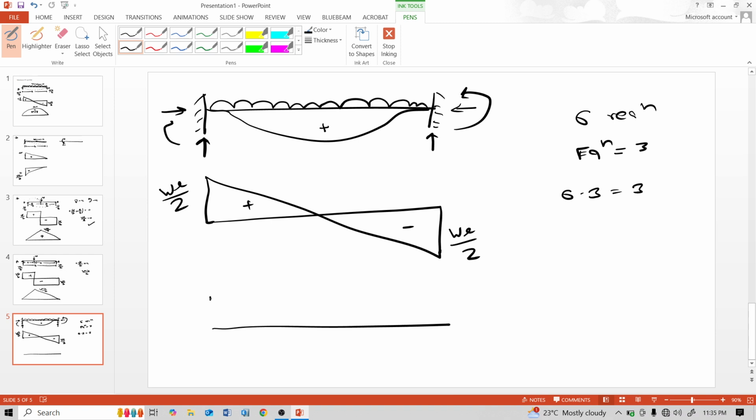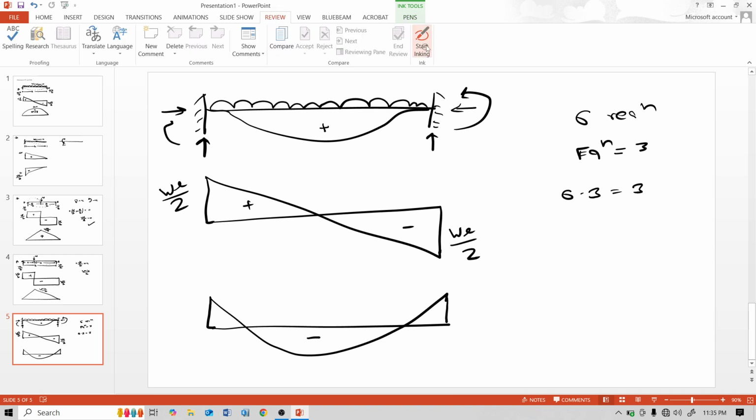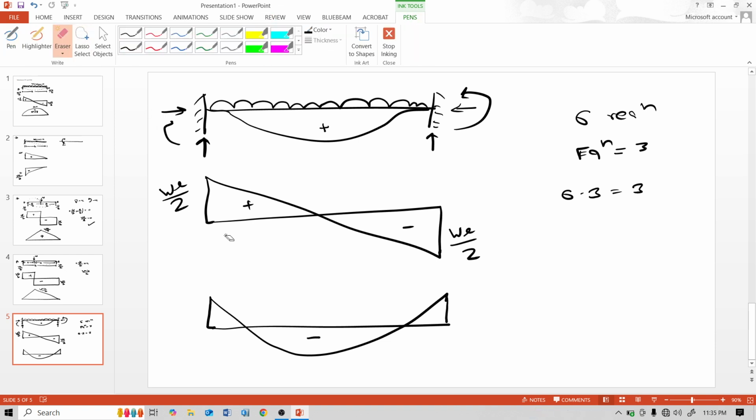So the bending moment diagram comes this way, due to the uniformly distributed load.